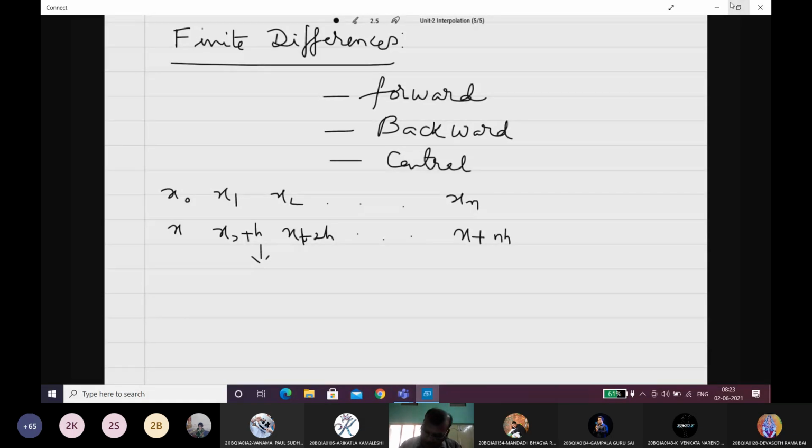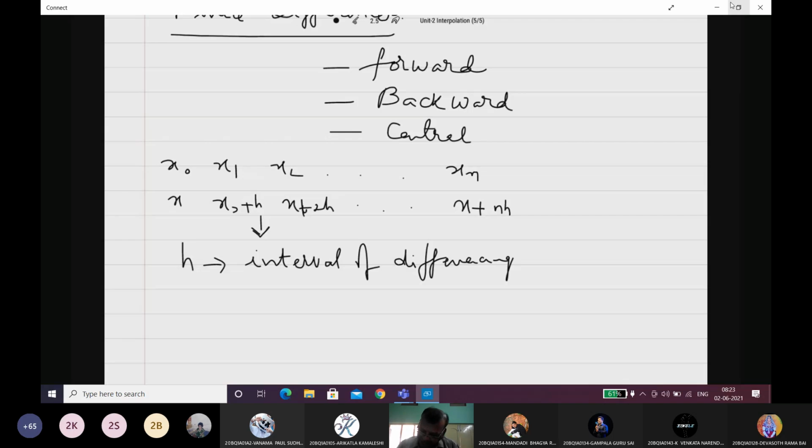This h is known as the interval of differentiating. Or simply, in other terms, we say a small increment.